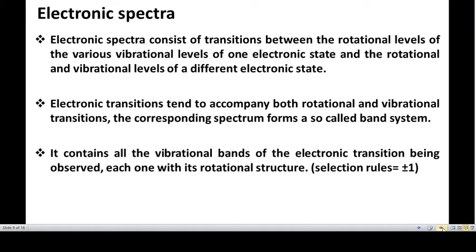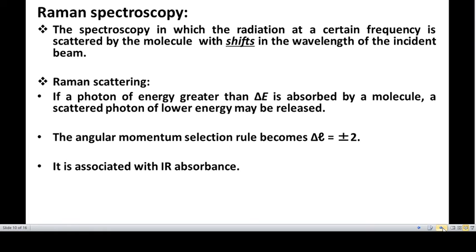Electronic transitions tend to accompany both rotational and vibrational transitions, because it is a transition between two electronic states, and each electronic state consists of both rotational and vibrational levels. It contains all the vibrational bands of the electronic transition being observed, each one with its rotational structure, and the selection rule is delta equals plus or minus 1.